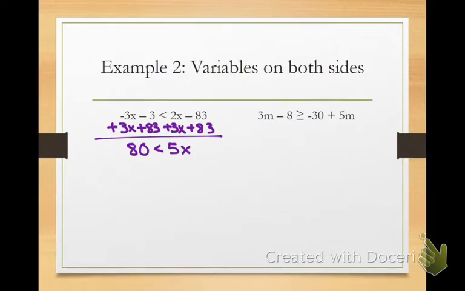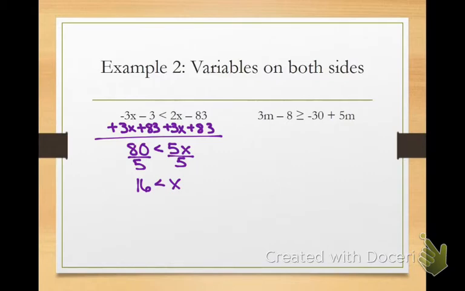Okay, so yes, JC. How did you get 2 83s and 2 3x's? Okay, great question. So now, yes, we are going to divide both sides by 5, and we get this as our solution. How would we read this solution? 16 is less than x.